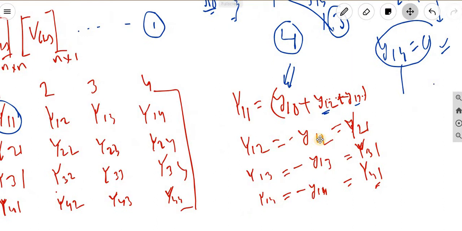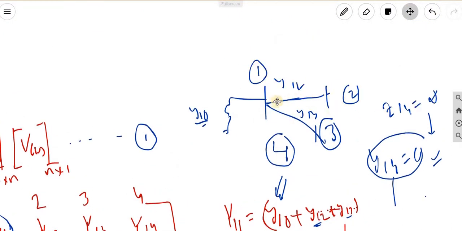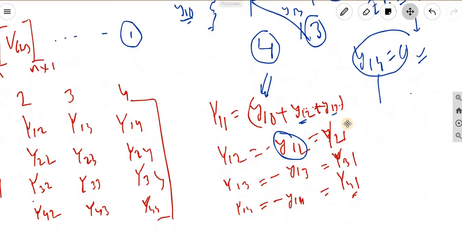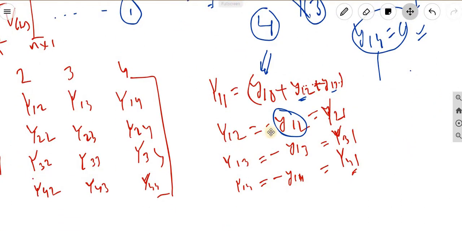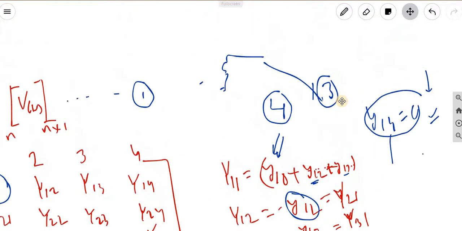From the equation itself we got this: the off-diagonal element Y12 is minus Y12, where this Y12 represents the admittance of the line impedance between bus 1 and bus 2. For that line impedance, the admittance value is y12, but in the Y bus there would be a minus sign, minus Y12, and likewise Y21.